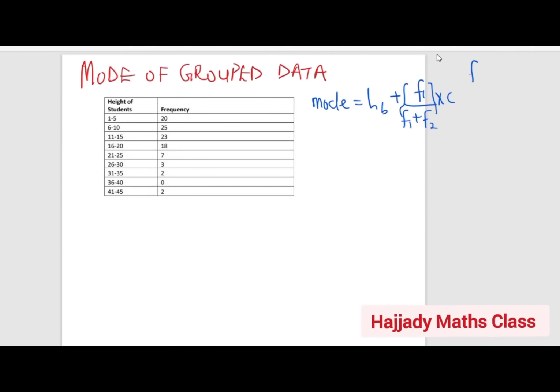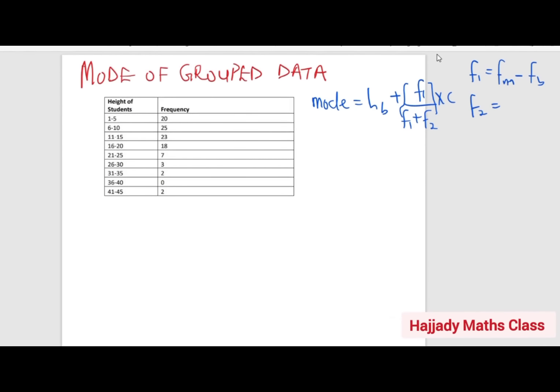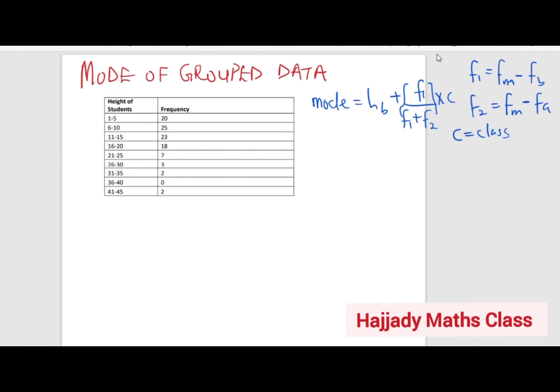Where F1 is the frequency of the modal class minus the frequency before it, and F2 is the frequency of the modal class minus the frequency after it. And C is the class width, which you can also call the class interval, that means the difference between the lower and the upper.